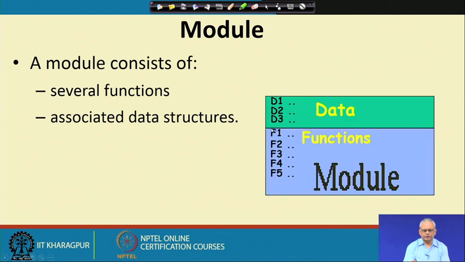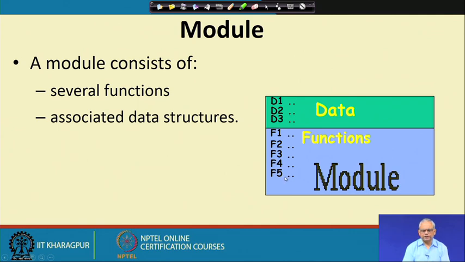In a procedural design, a module consists of several functions and there are some global data here, maybe arrays, linked lists or other structures, and these different functions can access those global data. So, a module consists of certain data structures and also the functions, and in a procedural implementation, a module is an independently compilable unit.